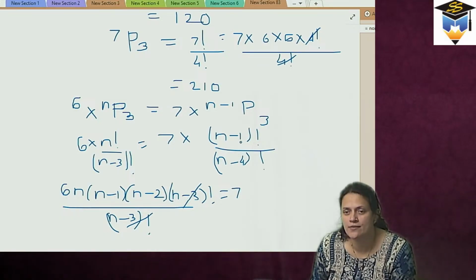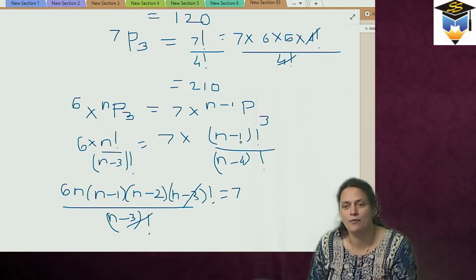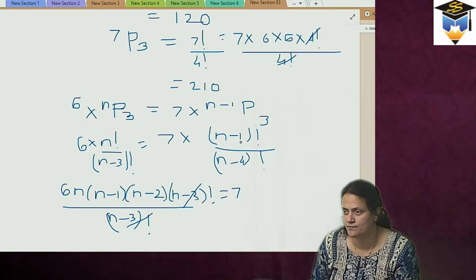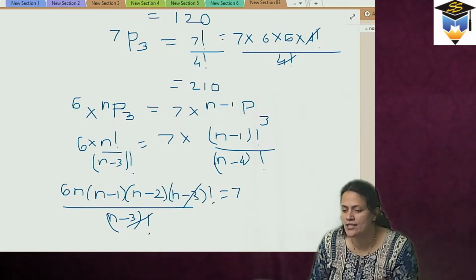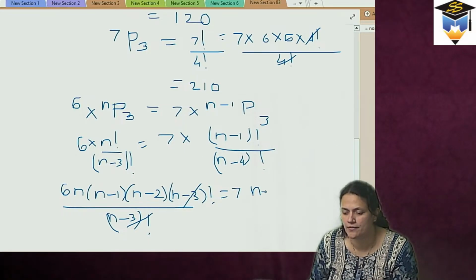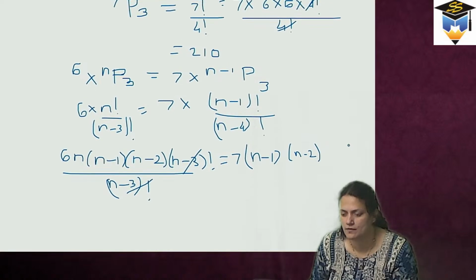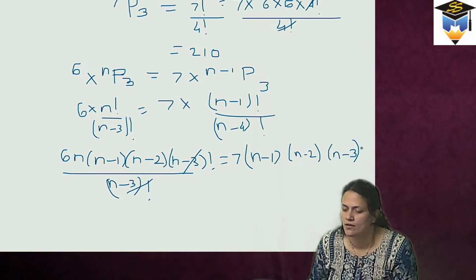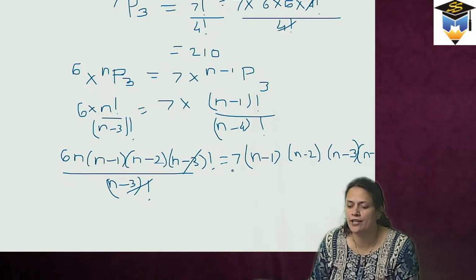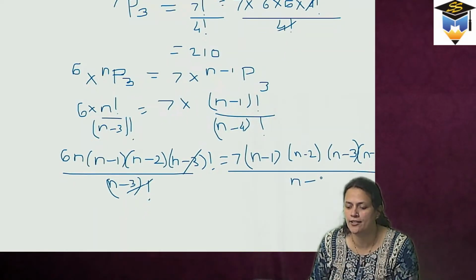How can it be written? n minus 1, n minus 2, n minus 3 into n minus 4 factorial. So again the same thing. n minus 4 factorial in the numerator and denominator will get cut.